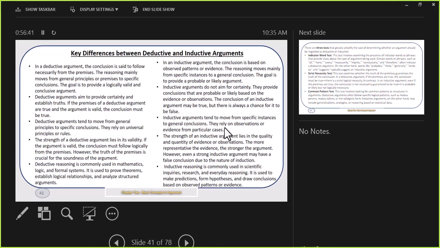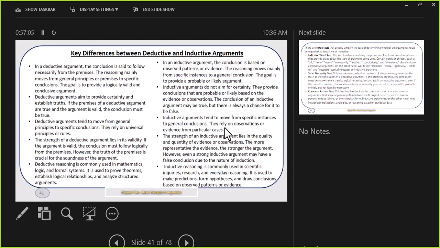But there is no condition in which an inductive argument proceeds from general principle. No inductive argument can proceed from general principle to particular assertion. Principles are only confined to deductive argument.